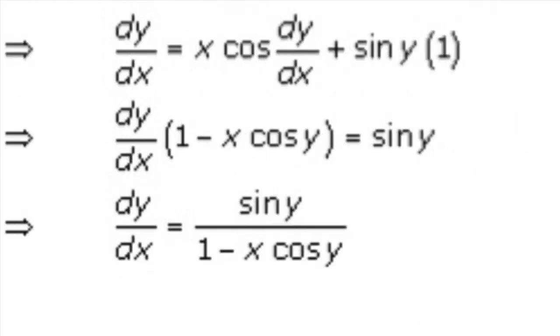Now we are going to transfer 1 minus x into cos y to the right hand side. So we'll get dy upon dx equals sin y upon 1 minus x into cos y, which is the required answer.